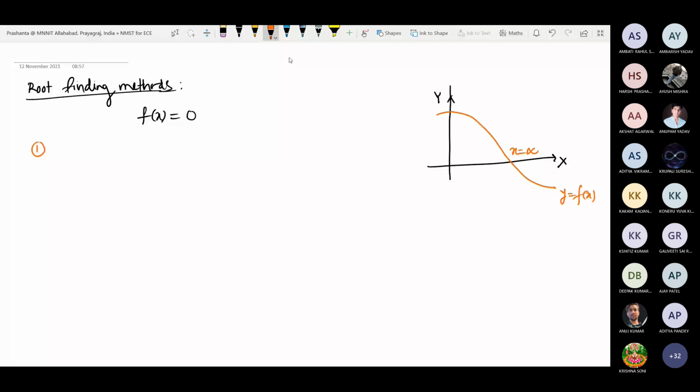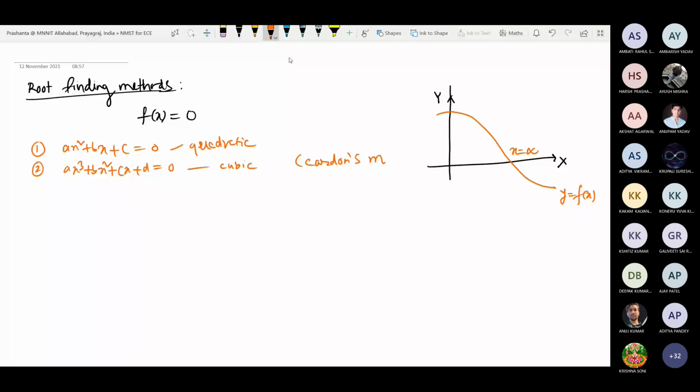If the equation is cubic, ax cube plus bx square plus cx plus d equals 0, then you also have certain methods to find all the roots. One of them is Cardan's method. I'm not going into the details of these methods; those are not necessary.